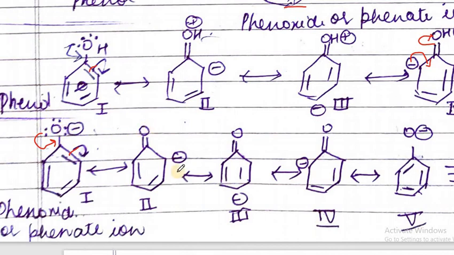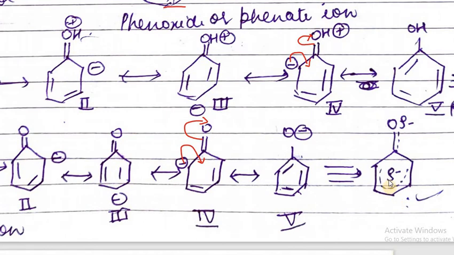So oxygen is neutral, with a negative charge, then it will move towards the next alternate carbon, and then to this, and then these electrons will come here and move towards oxygen. So we will get O negative and benzene is neutral, and this structure is equivalent to this.